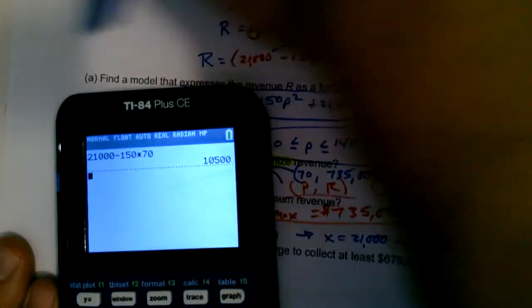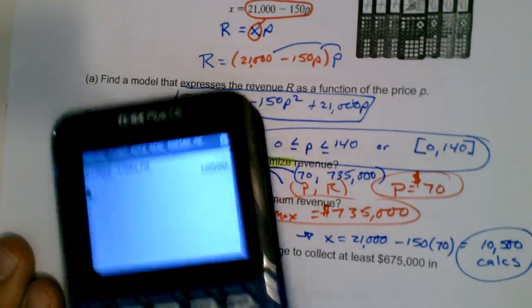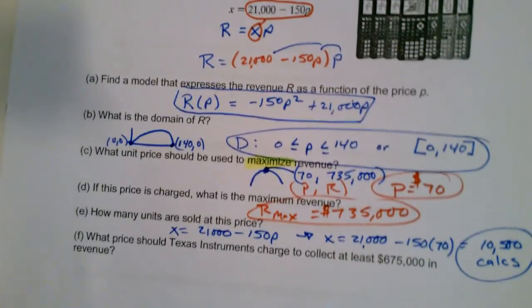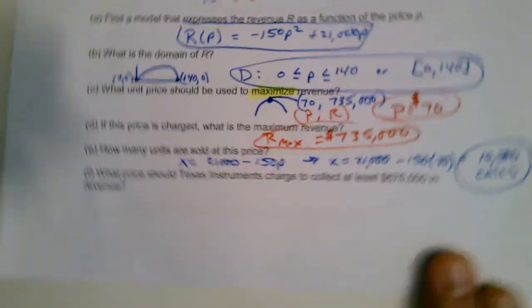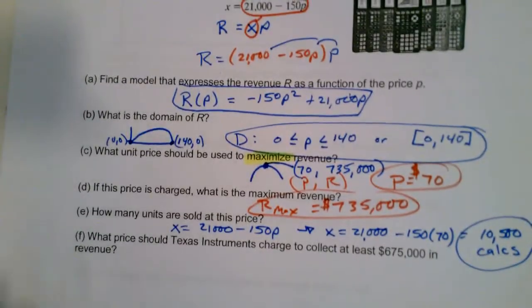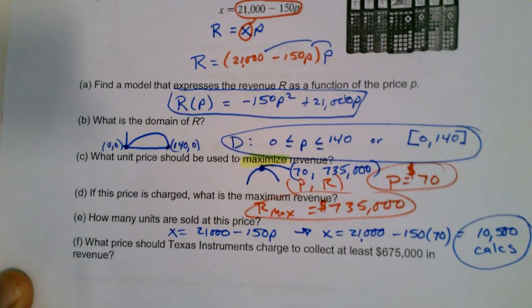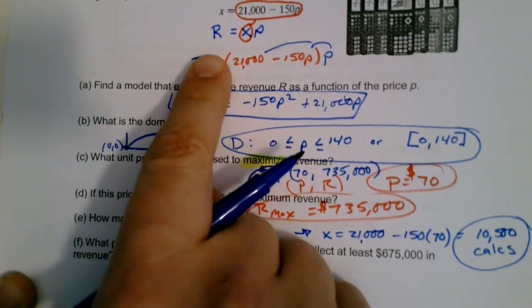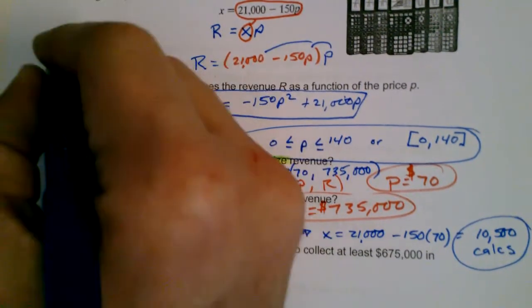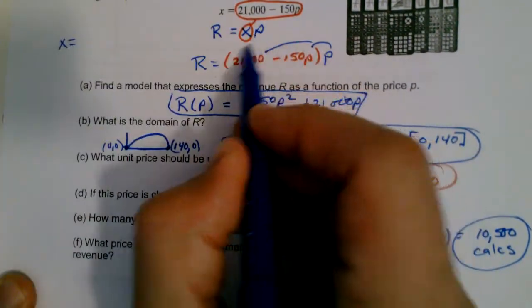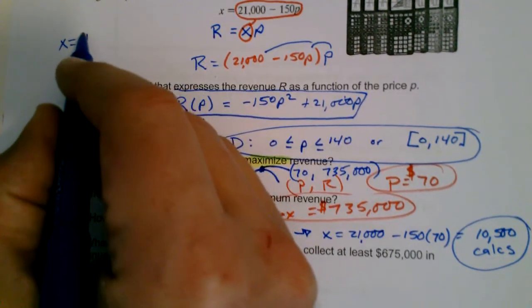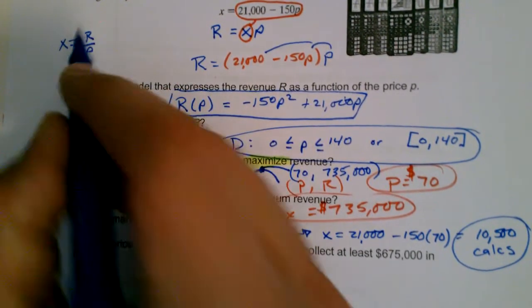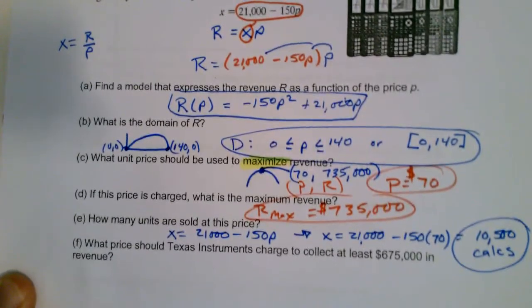See where you can see this here. All right, any questions with that one? Now, other than that, we know R equals X times P. You could also do this. You could divide the P over and get R over P. Okay.